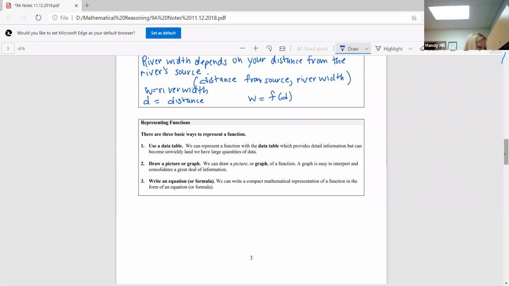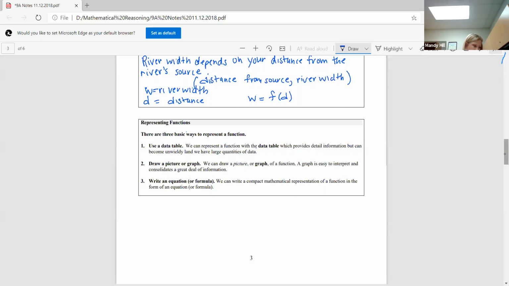A table provides detailed information, but can become unwieldy when we have large quantities of data. We can draw a picture or a graph of a function. A graph is easy to interpret and consolidates a great deal of information. We can, number 3, write a compact mathematical representation of a function in the form of an equation or formula. In the remainder of this unit, we'll explore the use of graphs to represent these functions.